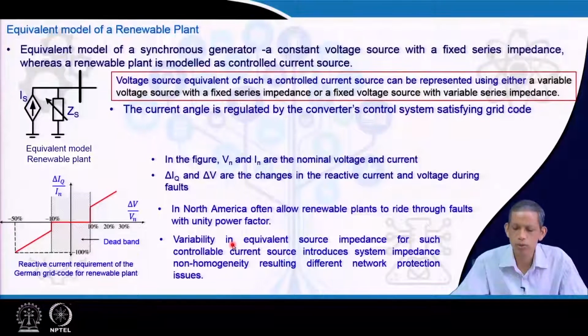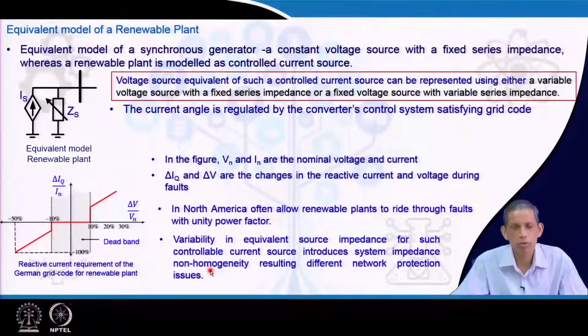Variability in equivalent source impedance for such a controllable current source introduces system impedance non-homogeneity. In our earlier distance relay perspective, the angle of the synchronous machine impedance and the angle of the transmission system impedance were considered to be of similar value, but here that does not hold because of these control operations.